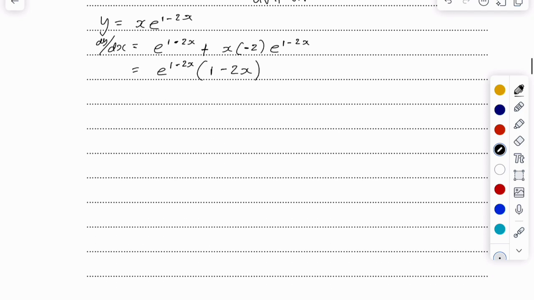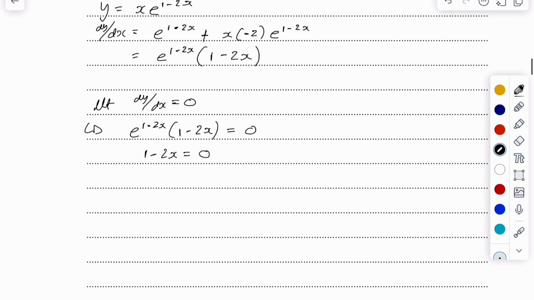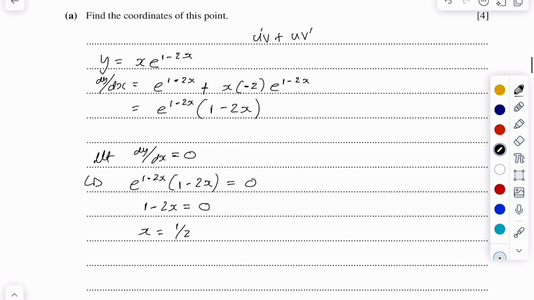So if we set now our stationary points, let dy by dx equals 0, that means that e to the 1 minus 2x times 1 minus 2x is equal to 0, which means that 1 minus 2x equals 0, which can translate therefore into x equaling 1 over 2. Okay, so we've got x equals a half. Brilliant. We've also got y.